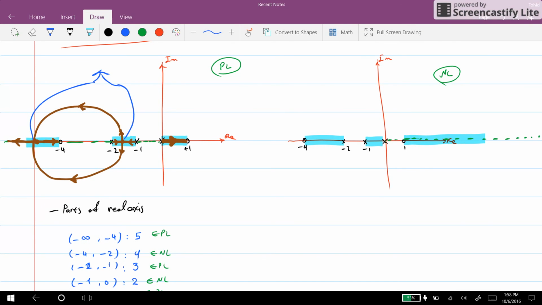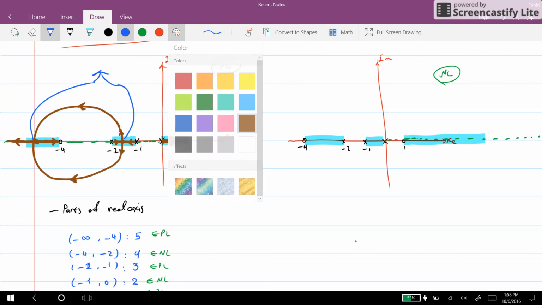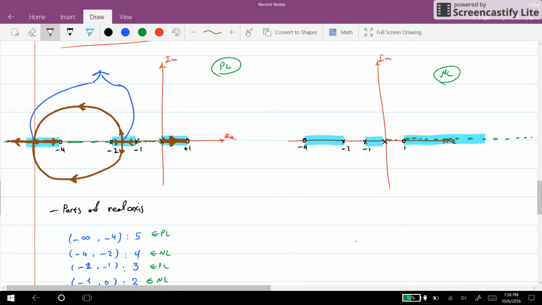So now let's have a look at the negative locus. We see that we need to have a branch going towards plus infinity on the real axis, since we have an asymptote. So there will be a branch here, and there will be a branch coming towards the 0, which is located at 1.